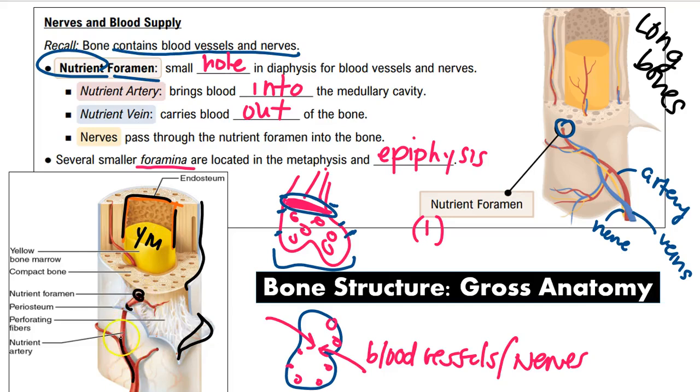And we also see an artery going into the nutrient foramen, and that's going to supply blood all through the central canals of the osteon that we see here. If we were to see spongy bone, then we'd see smaller foramina that are going to allow for the vasculature to go that way.